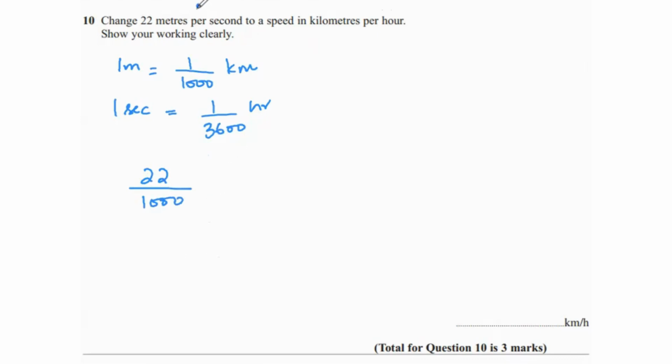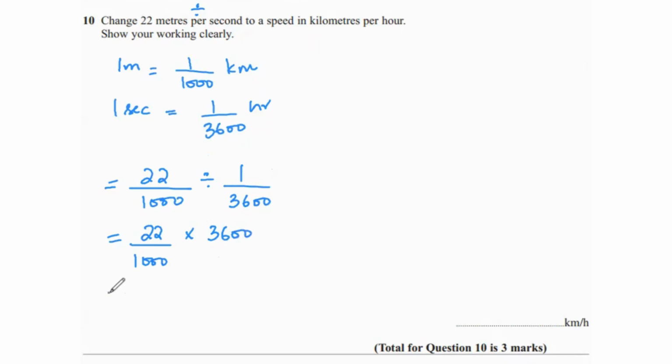And as we discussed previously, per means division as well. So divided by seconds into hours is going to be 1/3600. Now, if you remember, when we're dividing fractions, we change the division to multiplication and flip the second fraction. So we do the same over here. 22/1000 times 3600.